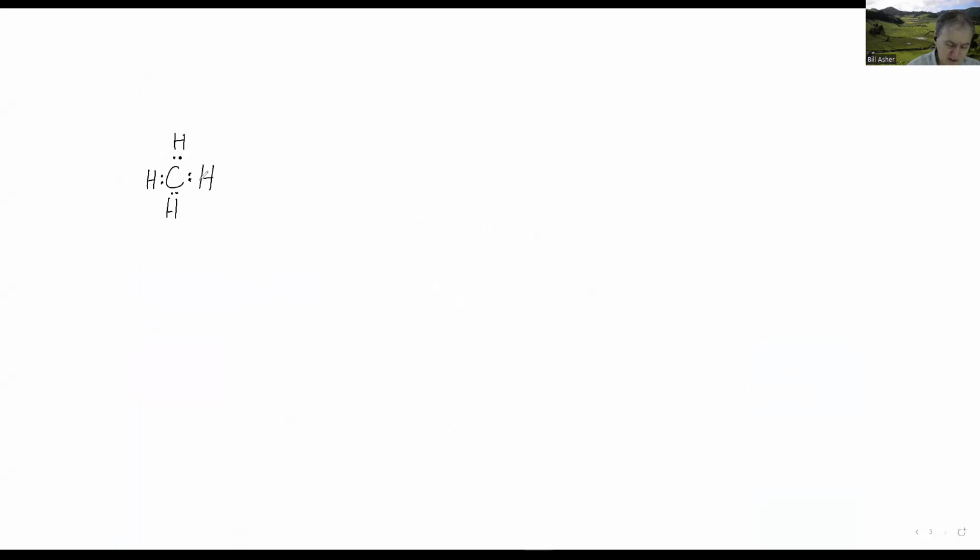Just to emphasize that these 2 electrons here, represented by these 2 dots, are forming a bond between carbon and hydrogen, right? Carbon and hydrogen are sharing those 2 electrons, so that as far as carbon is concerned, it's got 2 electrons and hydrogen wants 2 electrons. But this is called a bond. And these are bonding electrons.